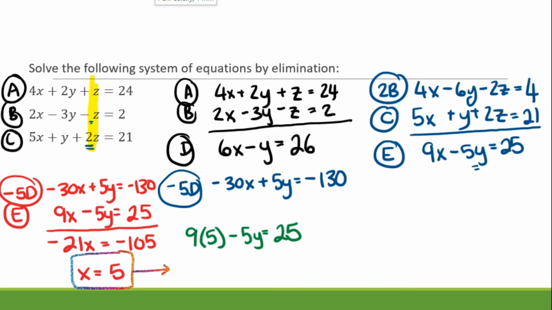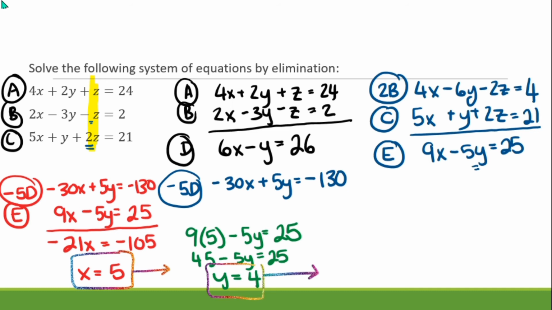I just moved it up a bit because I realized green on green wasn't going to work for me. 45 minus 5y equals 25. If we move the 45 over to the right side, it's going to be negative 20, and negative 20 divided by negative 5 will give us y equals 4.